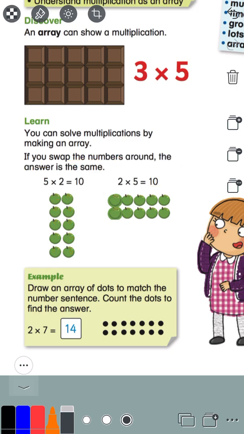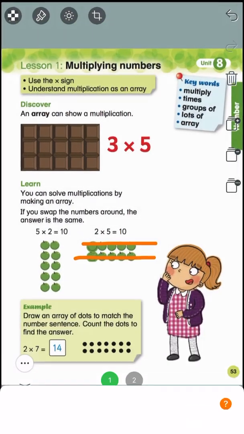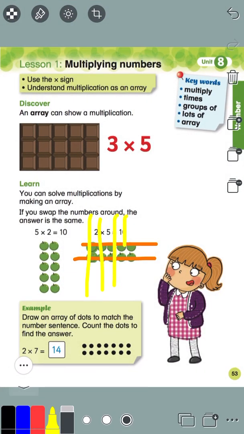Now, here, how many rows do we have? 1, 2. How many columns? 1, 2, 3, 4, 5. So this is 2 rows times 5 columns, and that equals 10 as well. So by counting the apples, we have 10 apples.